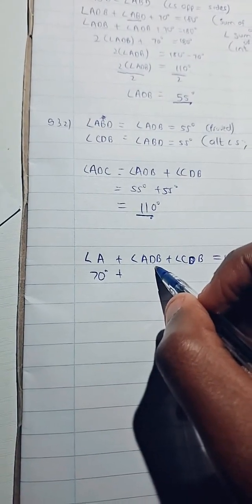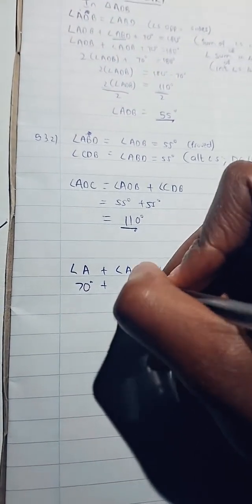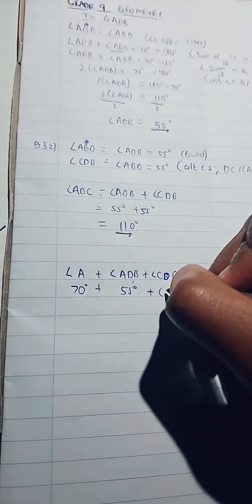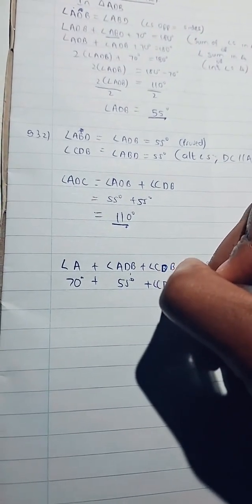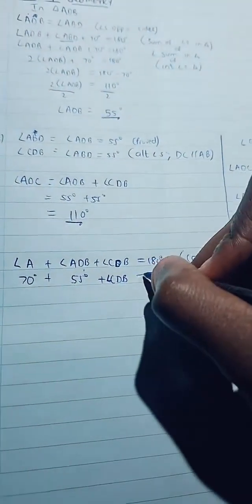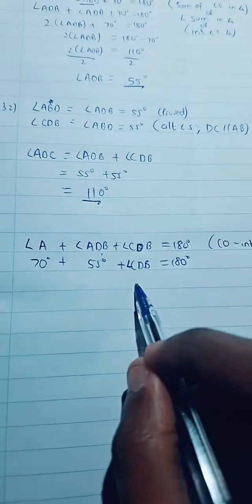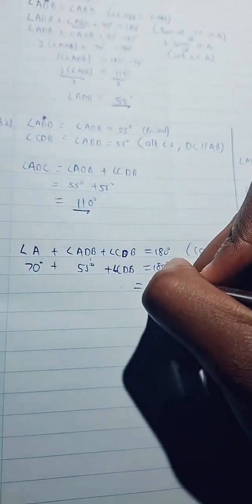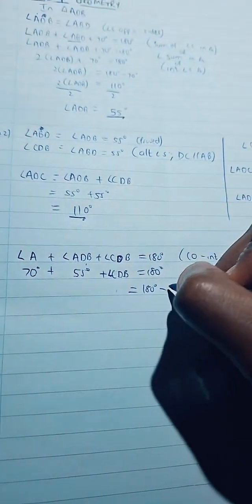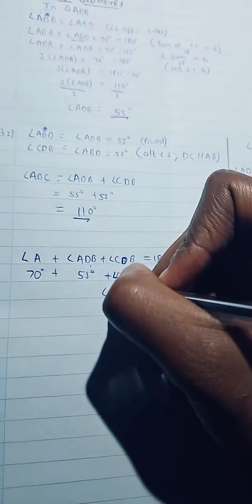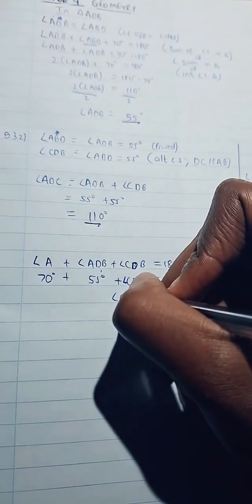Angle ADB is 55 degrees. CDB is what we don't know as of yet. But you see now, our priority will be to solve for angle CDB. So we're going to take everything and transpose it to the other side. 180 minus 70 minus 55 is equal to angle CDB.